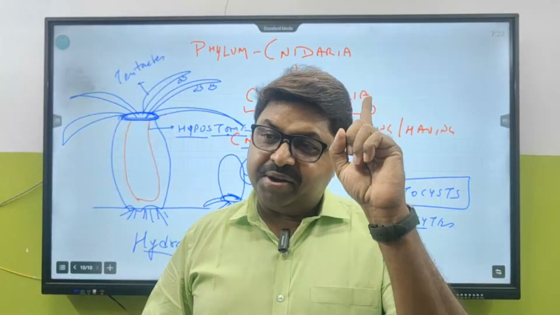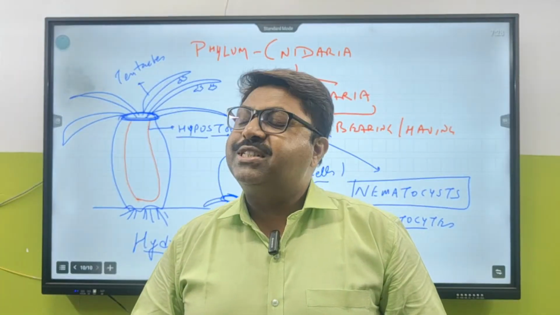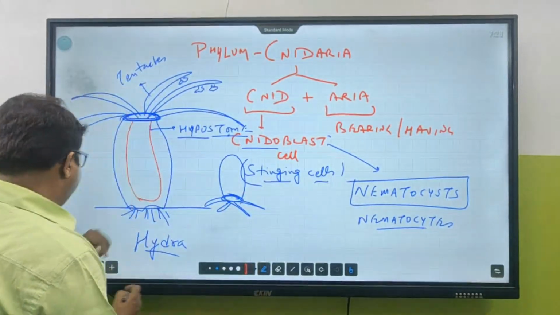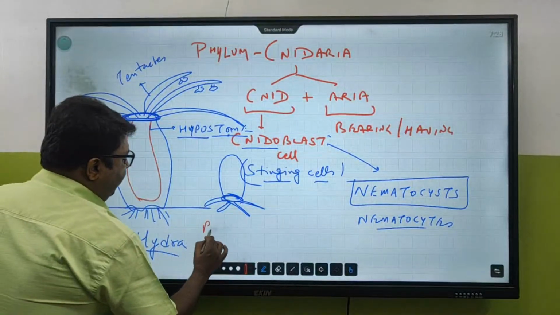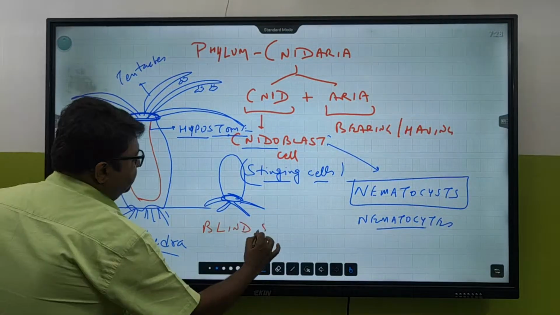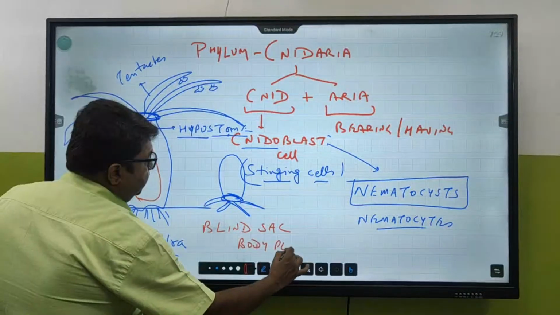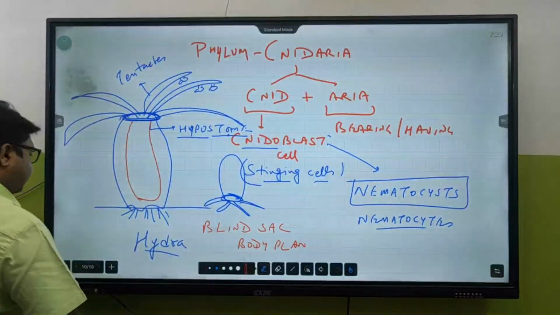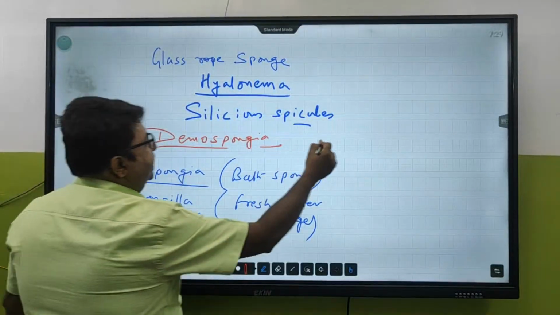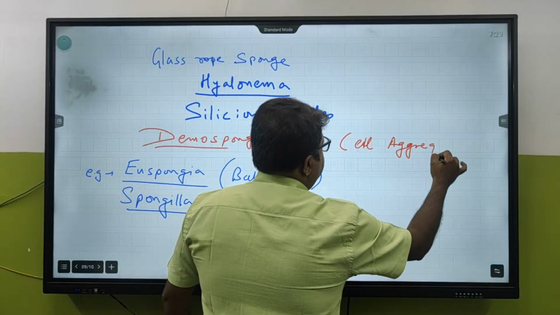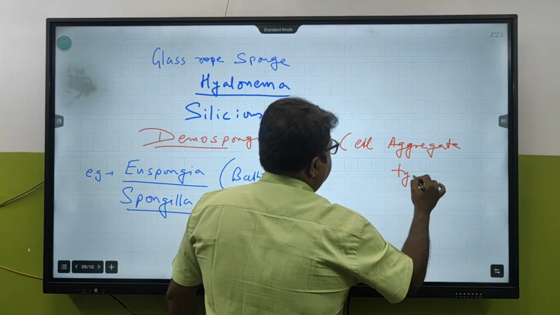So we have missed one point in phylum Porifera. What is the body plan? Cell aggregate type of body plan is there in phylum Porifera. So if they have got blind sac body plan, that means over there in sponges, they have got cell aggregate type body plan.